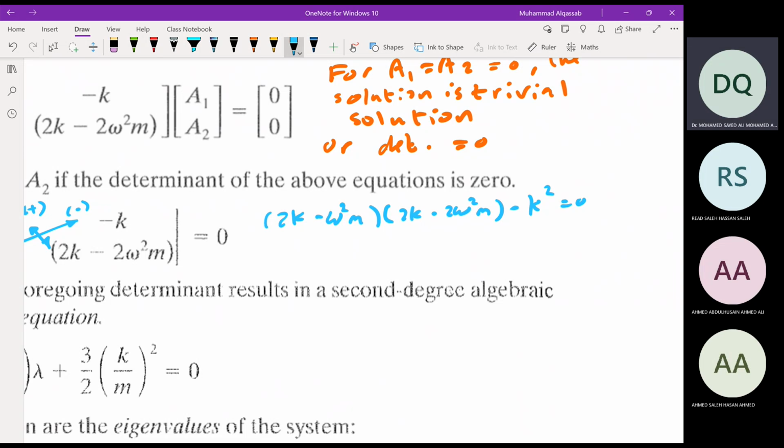So if you expand the equation, this will be 2m squared omega to power 4, and you multiply the inner terms and the outer terms, we'll have minus 2km and minus 4km. It means minus 6km omega squared, and 2k times 2k is 4k squared, and minus k squared becomes 3k squared.